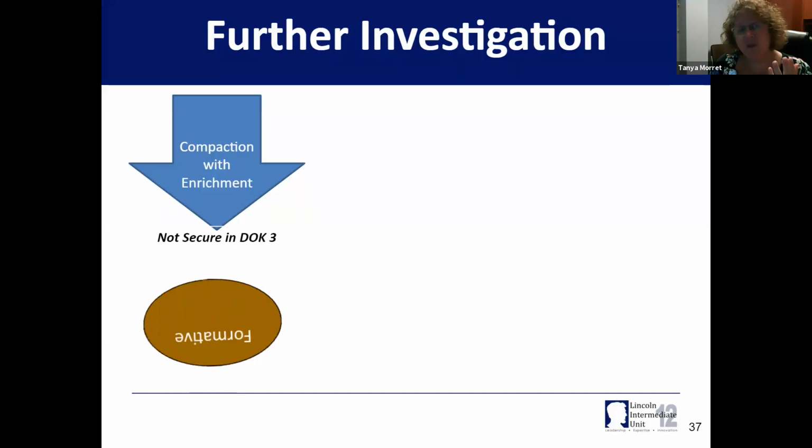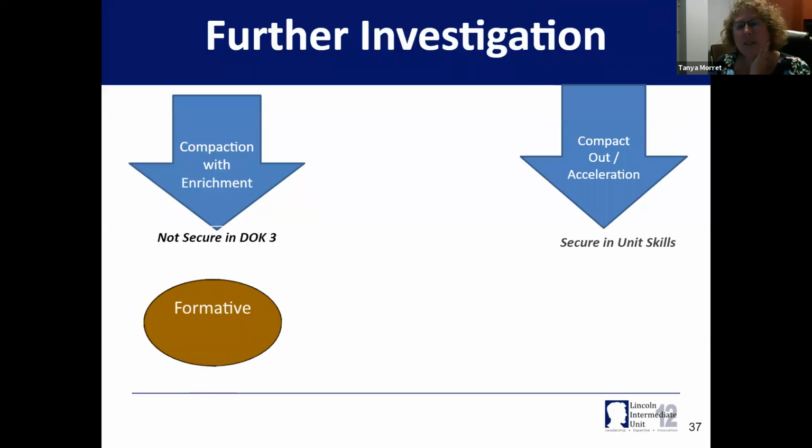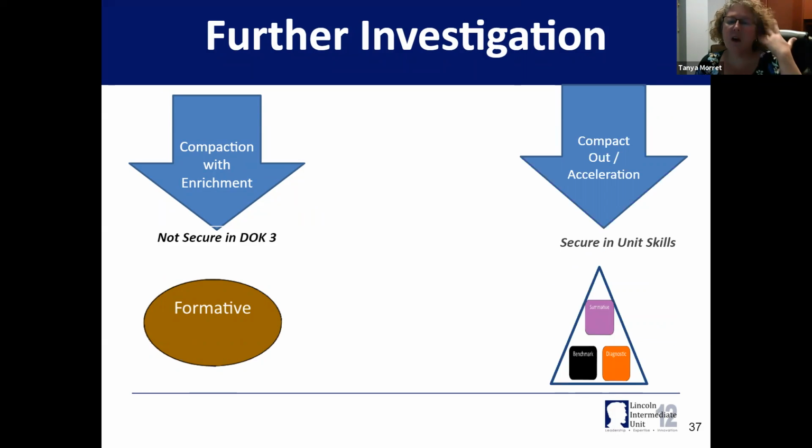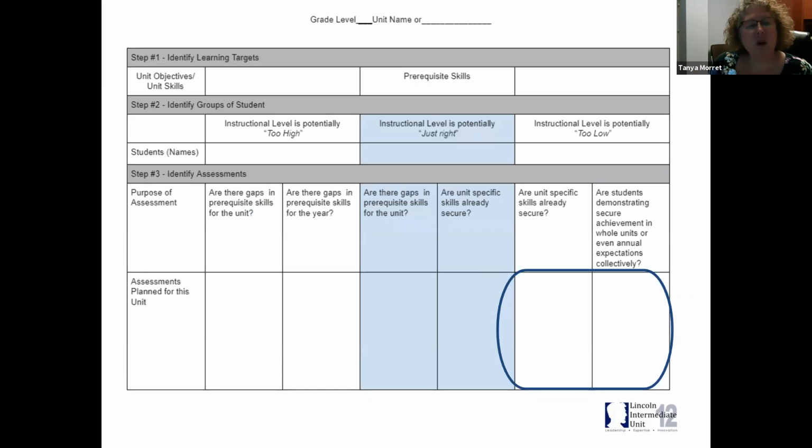Or we might have students who already not only have the new skills, but have applied them in authentic and meaningful ways, and they really don't need the whole unit at all. So we need to investigate, where does this group fall? Where should we be looking? What are the assessments that we can do to determine their instructional level?